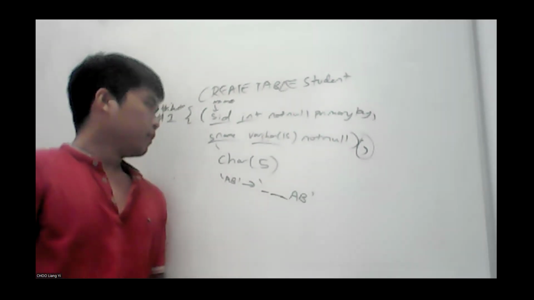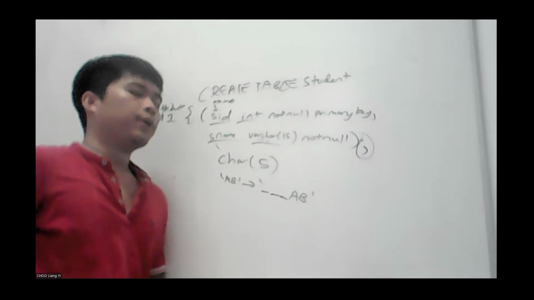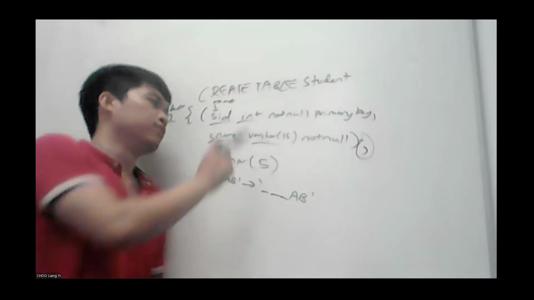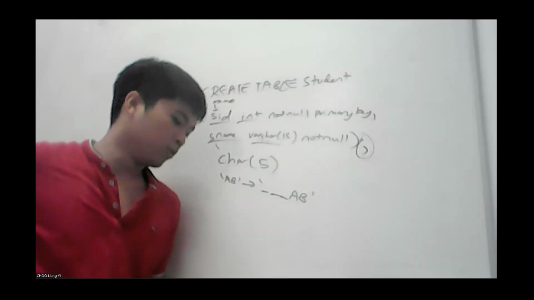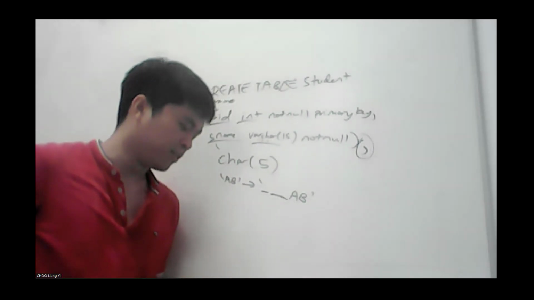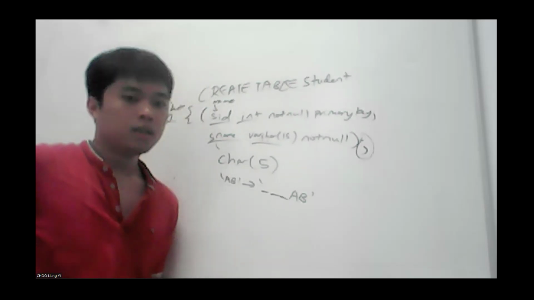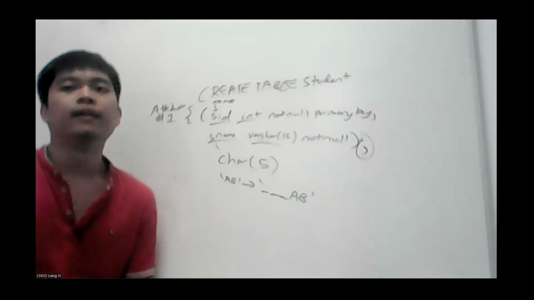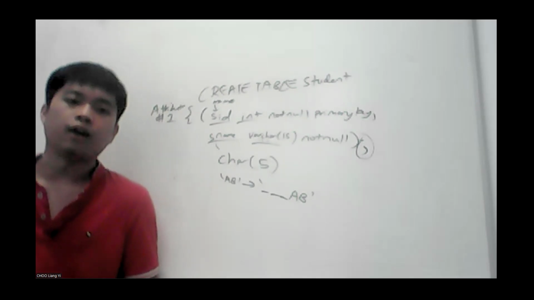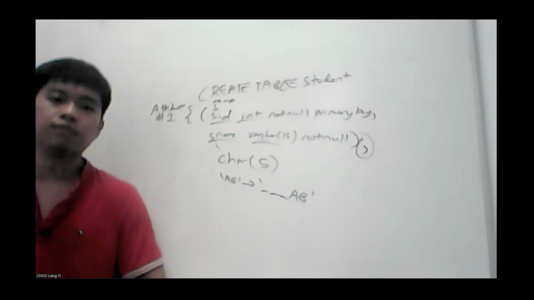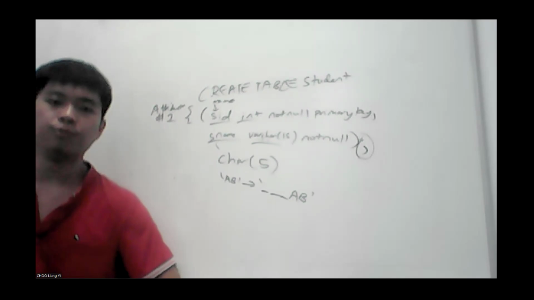So the difference between this and why you want to use char versus varchar is a bit out of scope for this course, but basically it's for performance optimization. If you define char 5, then the computer knows for every single instance, it will allocate this much memory.